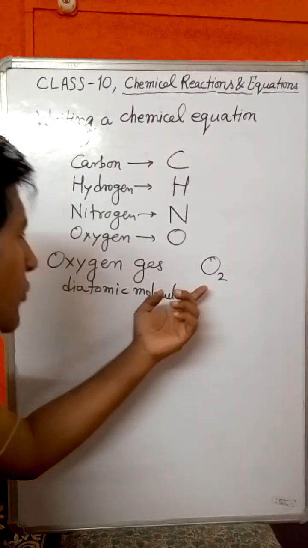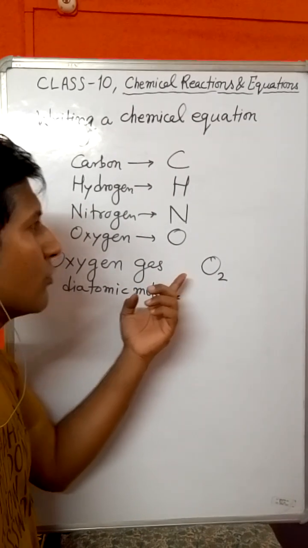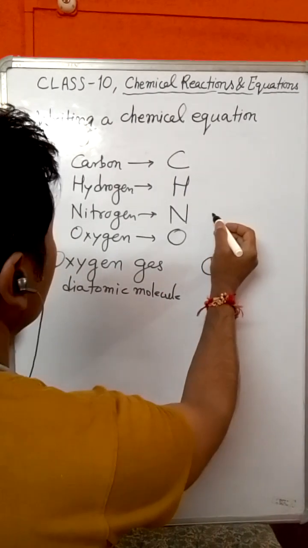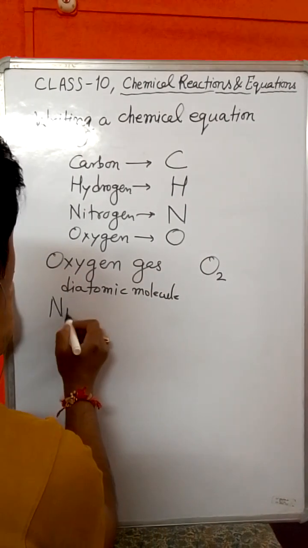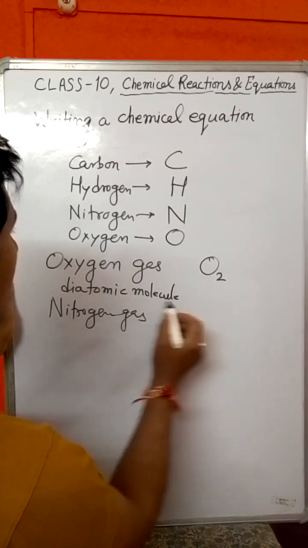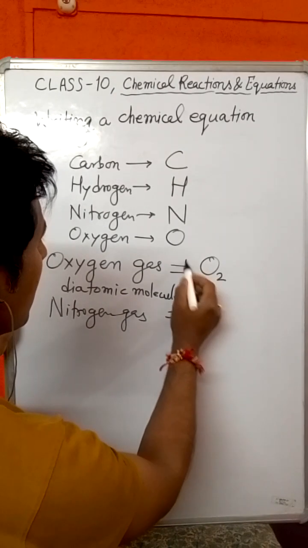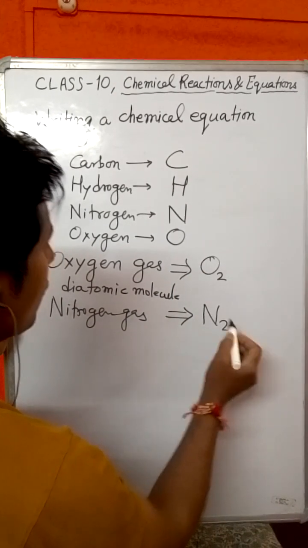So therefore oxygen gas is represented as O2, and similarly nitrogen gas is also a diatomic molecule, so it will be denoted as N2.